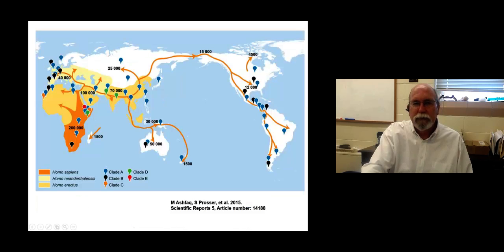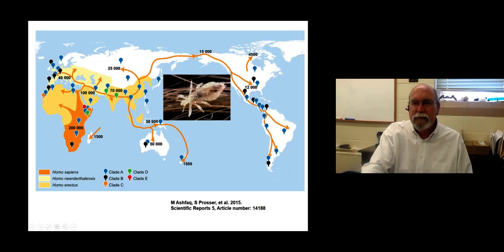And then when you start tracking humans, you can also start tracking other things like head lice. The genetic variation found in head lice tends to track where humans have been. And there's more genetic variation in head lice in Africa than in other parts of the world. It helps us understand the patterns that have occurred over time.